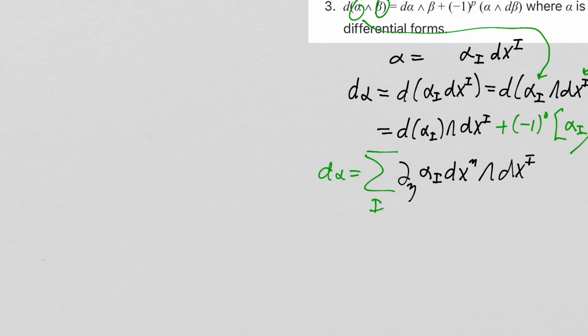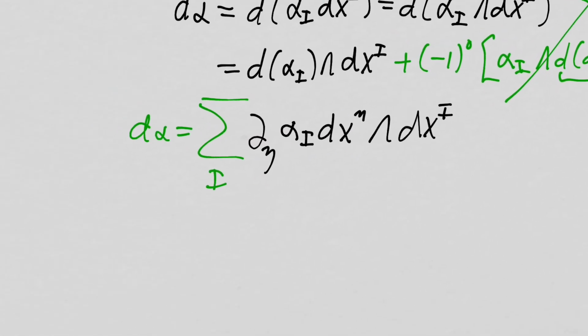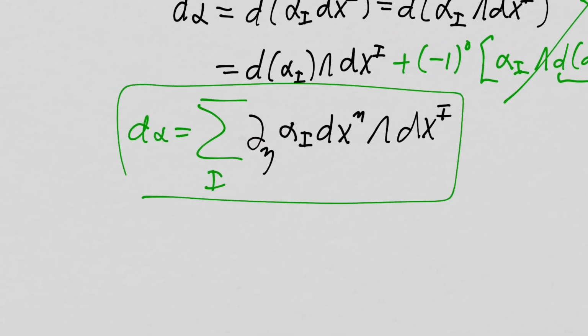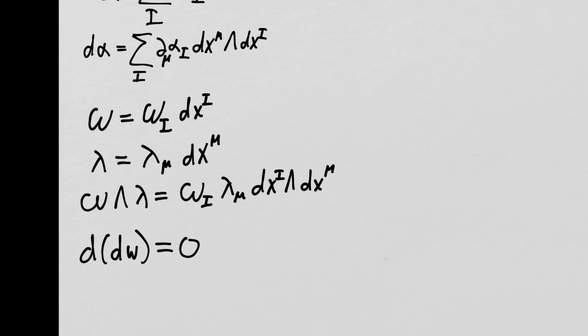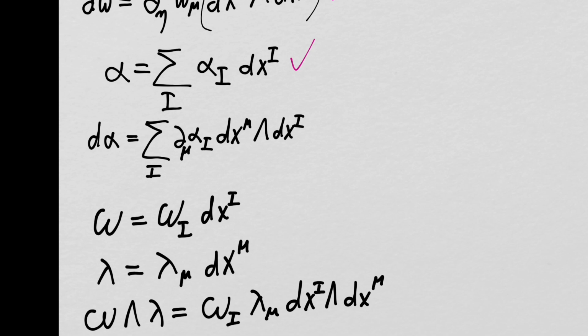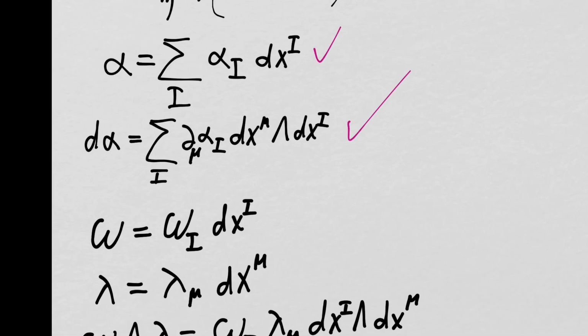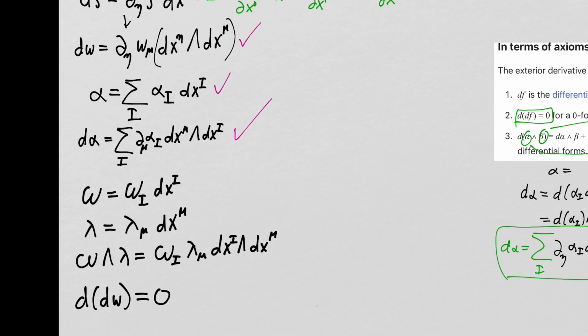And this is the glorious final formula, which is exactly what we wrote right here. So now we can take the exterior derivative of an arbitrary k-form alpha. Okay, good. So what next?